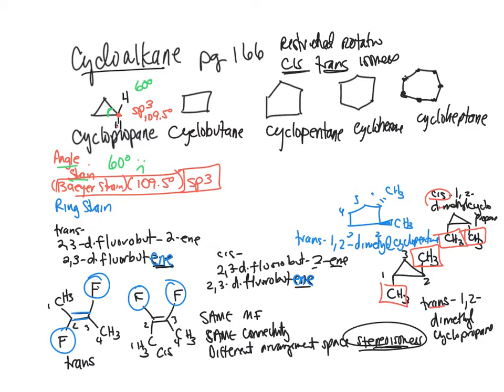Let's look at cyclobutane. So you have a hydrogen here and a hydrogen there. That carbon, sp3, what do you think that angle is? That angle is about 90 degrees. So you have angle strain. This is angle strain. It's the deviation from the bond angles of 109.5 degrees. Okay, let's look at cyclopentane.